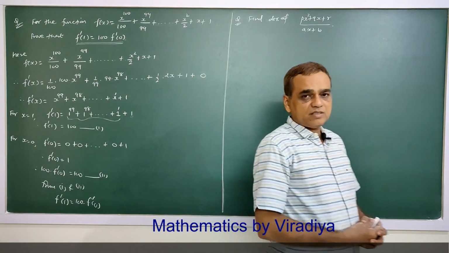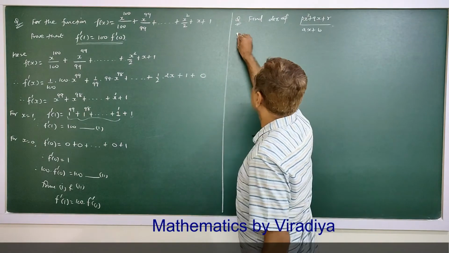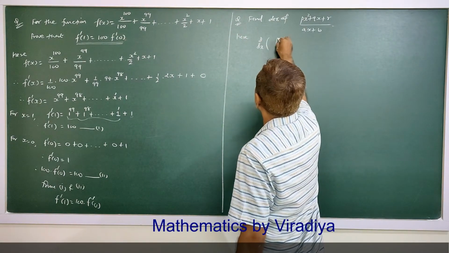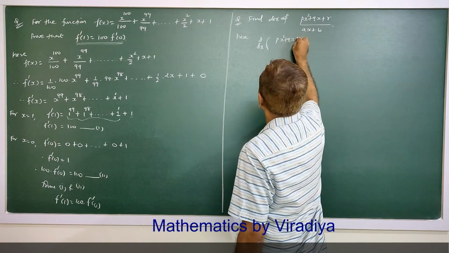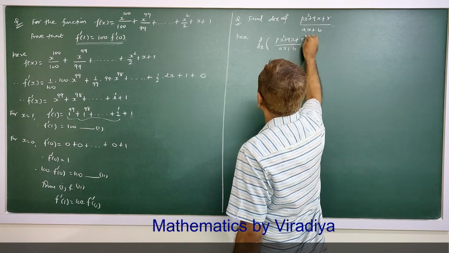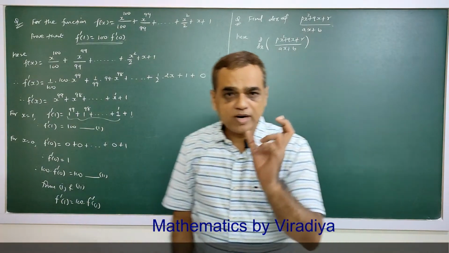Now here, d by dx of (px square plus qx plus r) upon (ax plus b). We want a derivative of u by v.